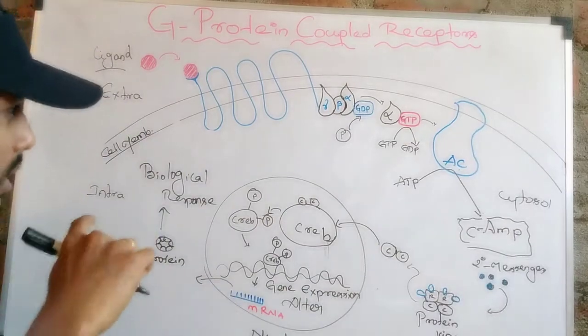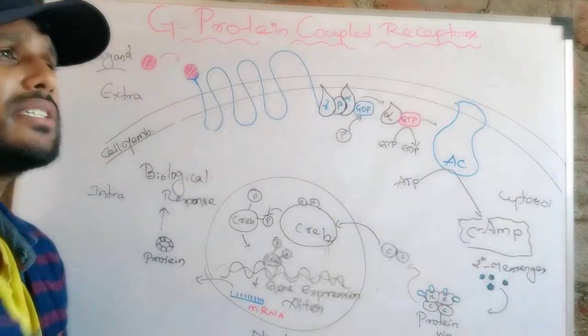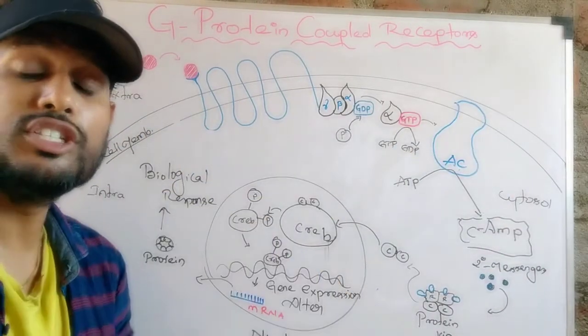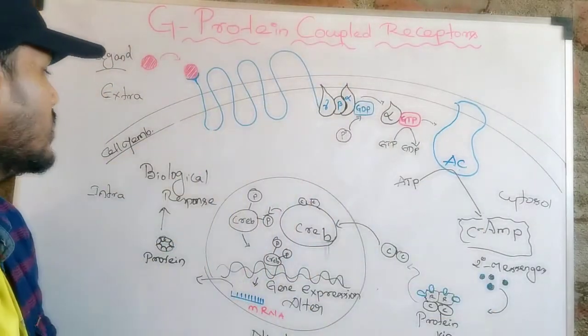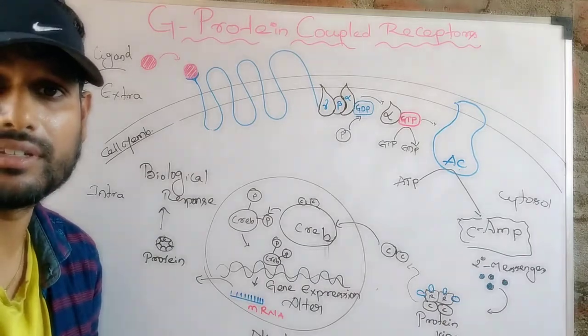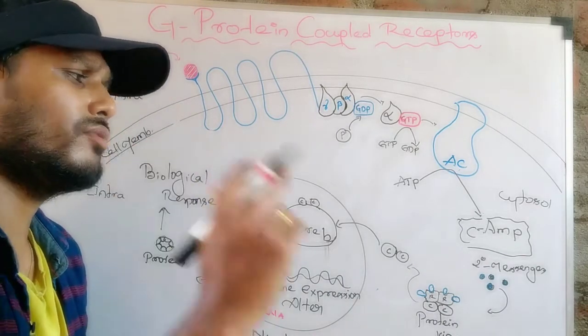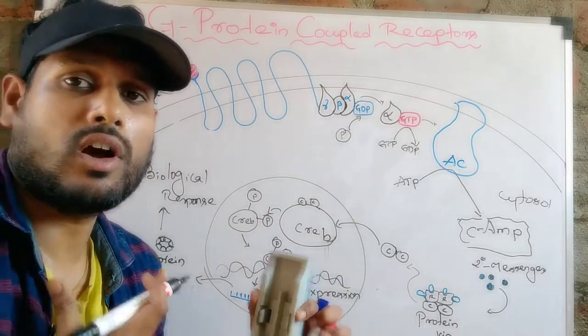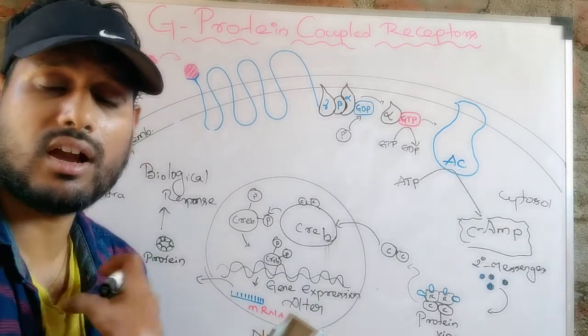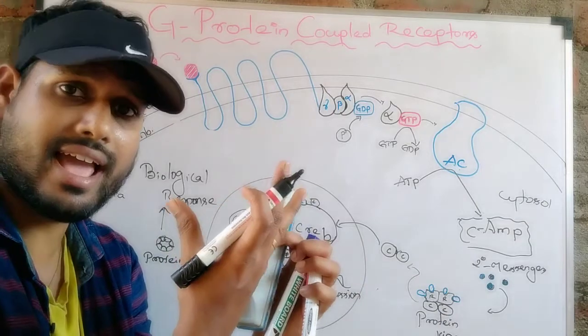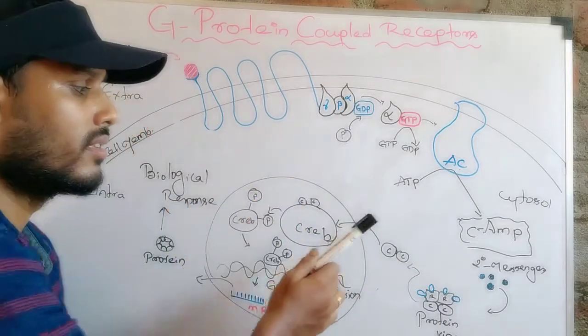Specifically, G protein coupled receptors are more present in your body. More than 800 G protein type of receptors are present. Okay, I'll tell one example. Whenever your heart contracts and relaxes, in the CVS region, the heart will contract and relax, contract and relax.